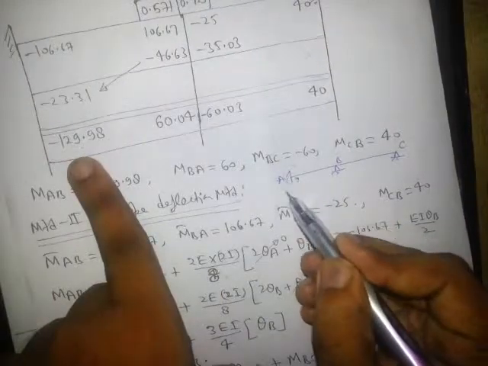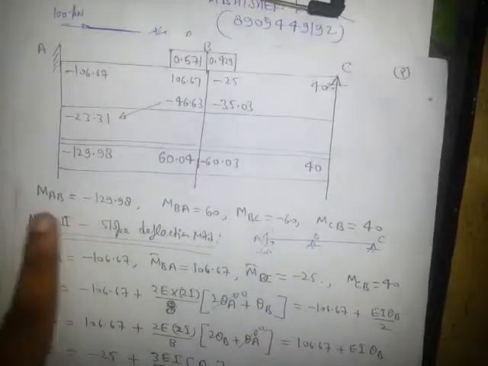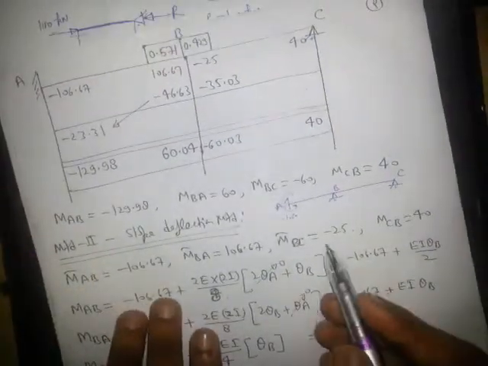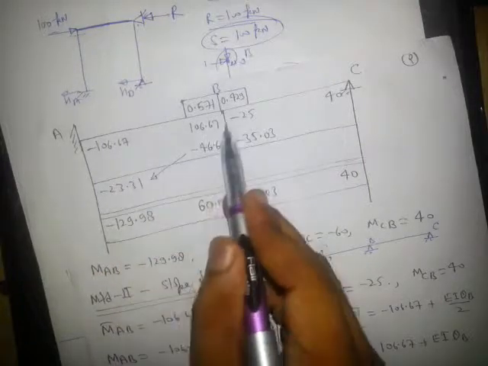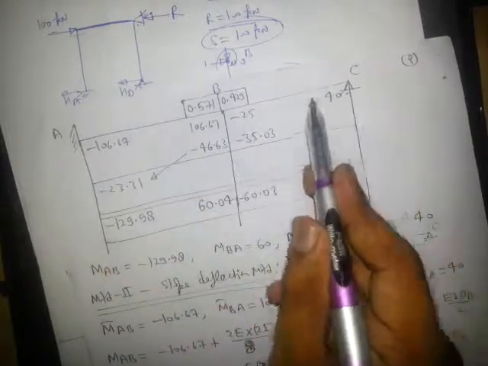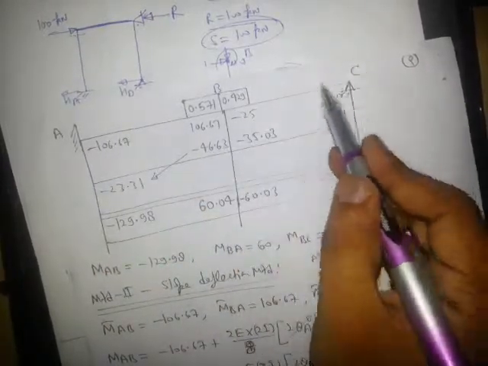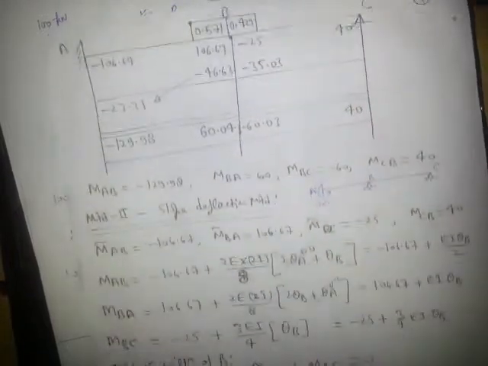This is anti-clock, minus 106. So this is M bar AB. This is M bar BA, M bar BC, MCB, right? It is M bar CB or MCB, same.